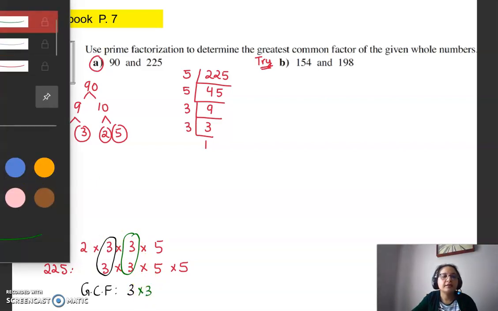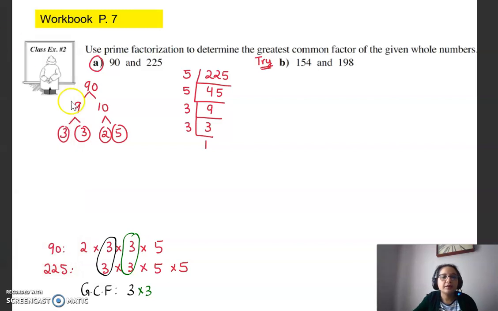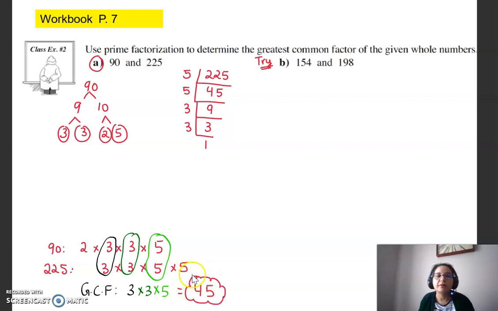And then there is another one, which is this 5. So I'm going to write that one down. These 3 factors are common, and when we multiply them, they become 9 times 5, so that is 45. So 45 is the greatest common factor between 90 and 225.